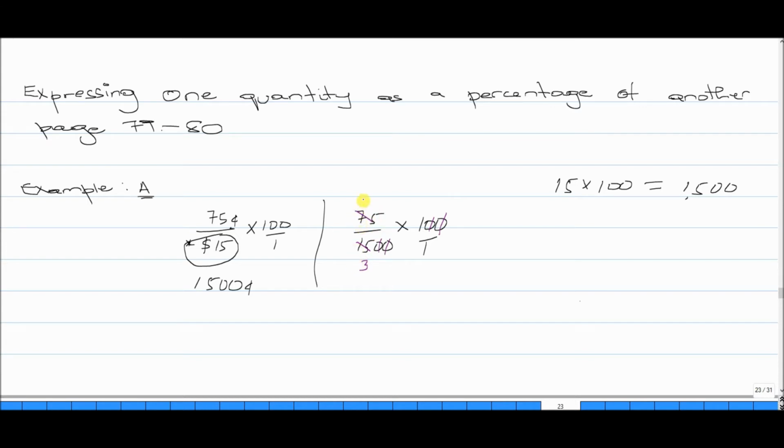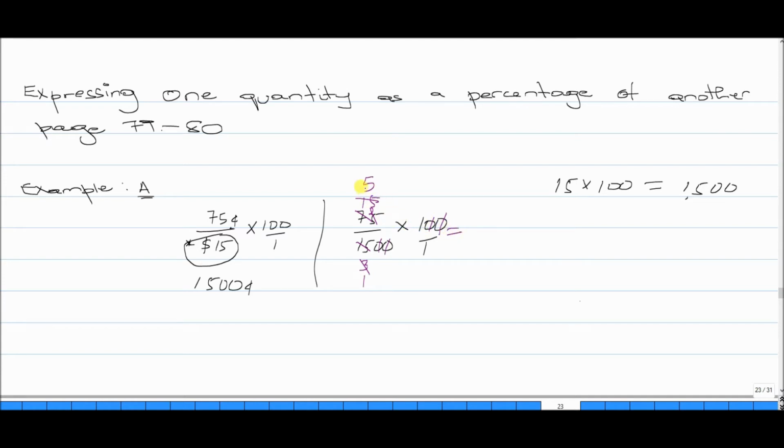Well, 5 could go into 7 1 time, leaving 2 as a remainder, and 5 could go into 25 5 times. Therefore, 5 could go into 75 15 whole times. Can we reduce any further? Yes, we could. 3 could go into 3 1 whole time, and 3 could go into 15 5 whole times.